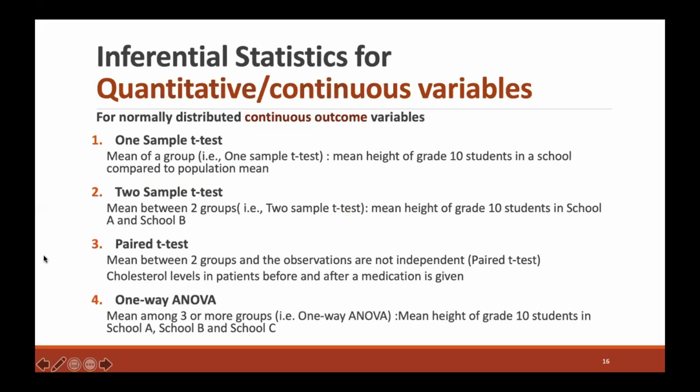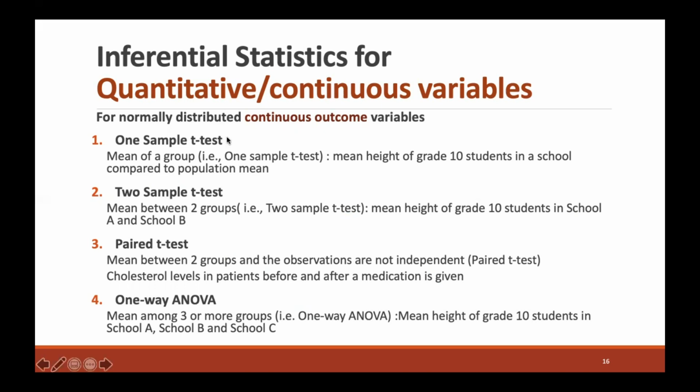After we derive our hypothesis, these are the inferential statistics tests for the continuous variable. Once we understand our data is continuous, we need to make sure whether our data is normally distributed or not. If the data is normally distributed, then we can use these four tests according to the hypothesis.